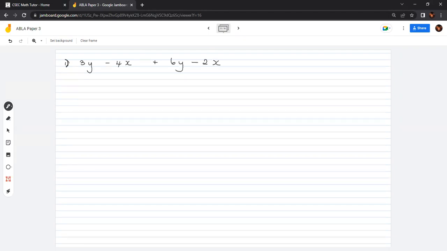If they gave us something like this, there are two things we have to note. Numbers or terms always carry their sign in front of them, so they could be either a positive or a negative number or term.